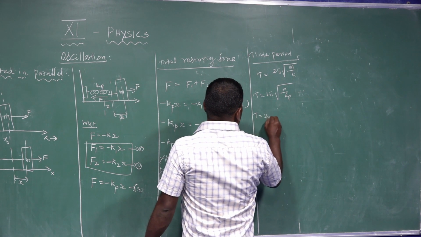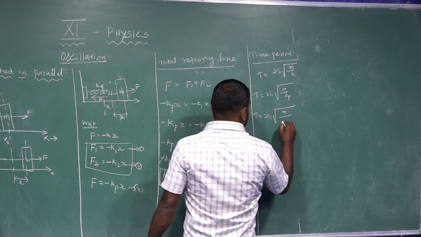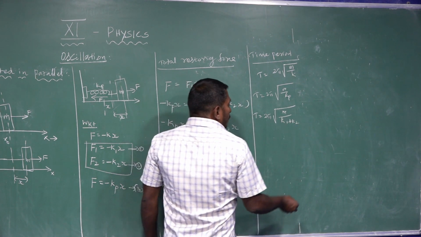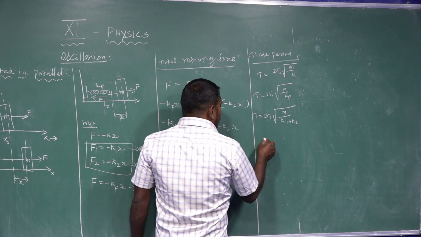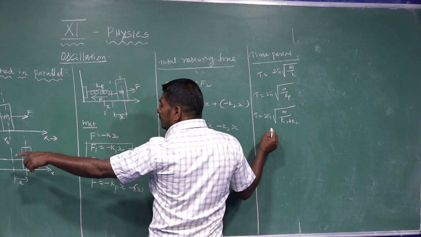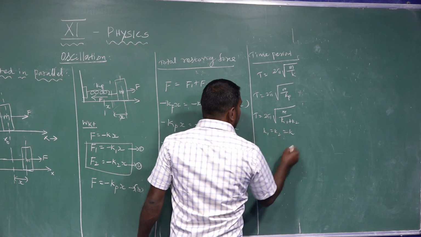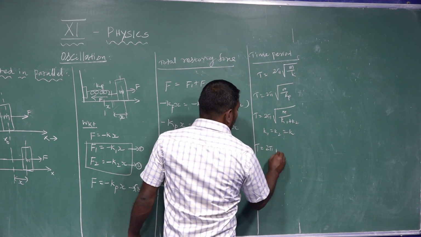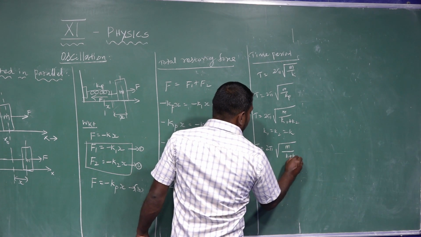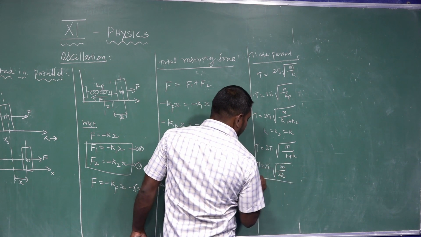So T is equal to 2 pi square root of m divided by the effective spring constant connected in parallel, K1 plus K2. If both springs have an identical spring constant K, here K1 is equal to K2 is equal to K, the time period of oscillation is 2 pi square root of m divided by K plus K, so T is equal to 2 pi square root of m divided by 2K.